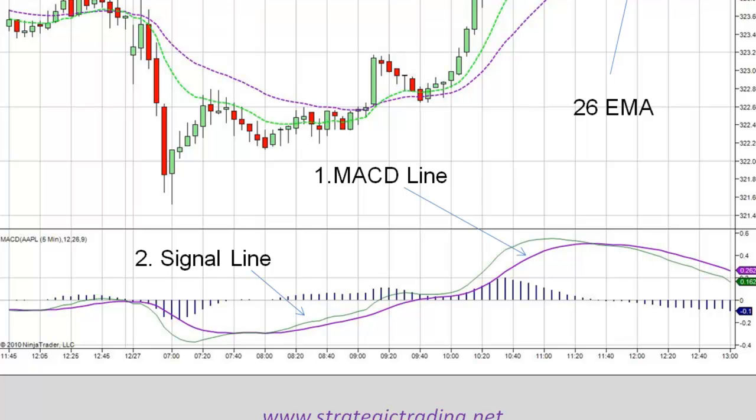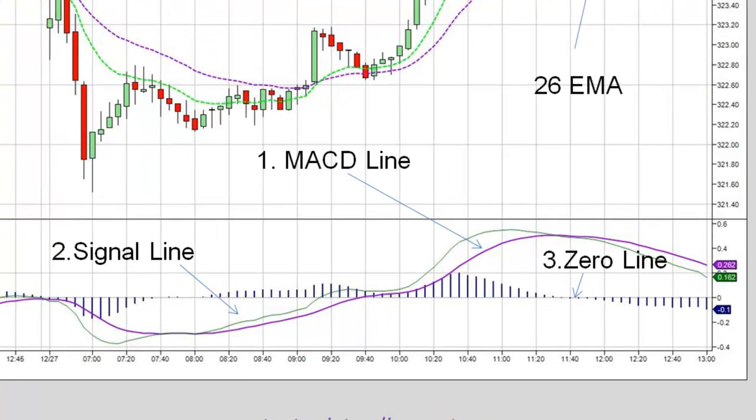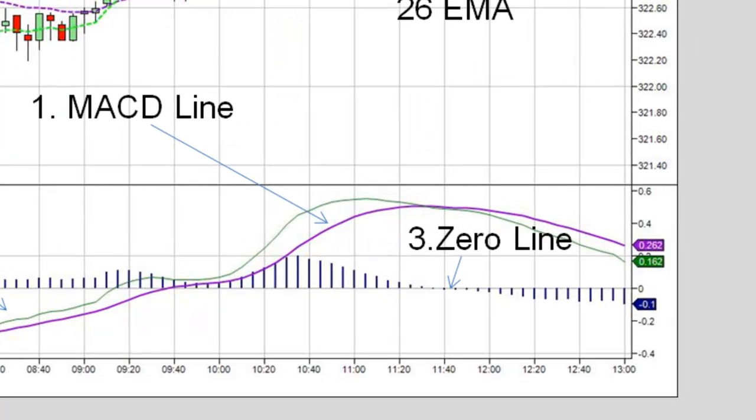The third key element in our MACD indicator is the zero line, or the center line. And you will find that this zero line, or center line, plays a critical role in how we use the MACD and the various parts of the MACD.